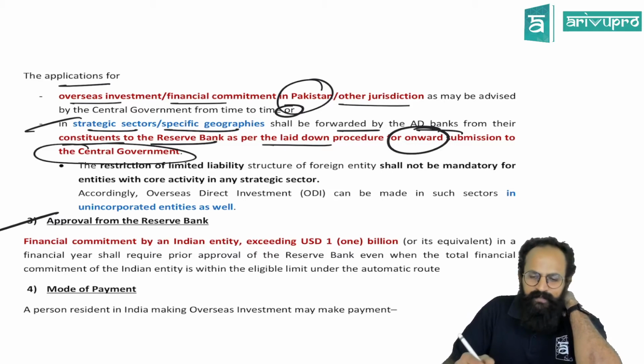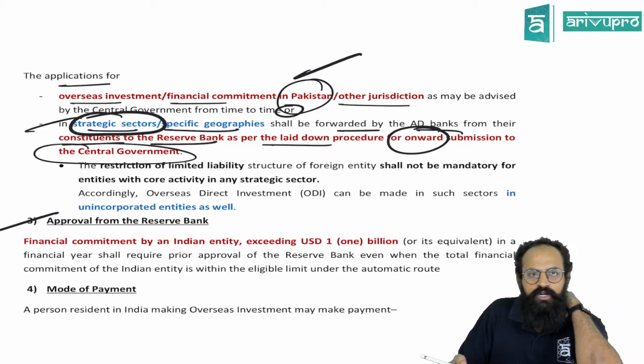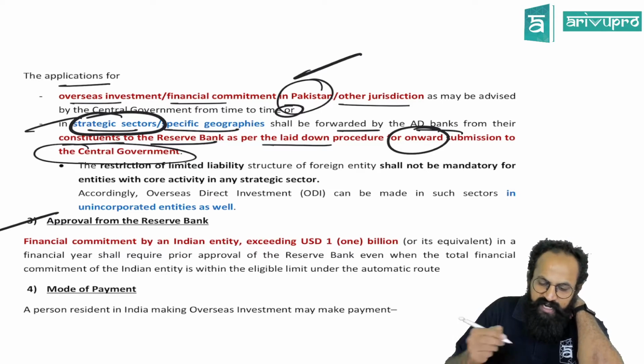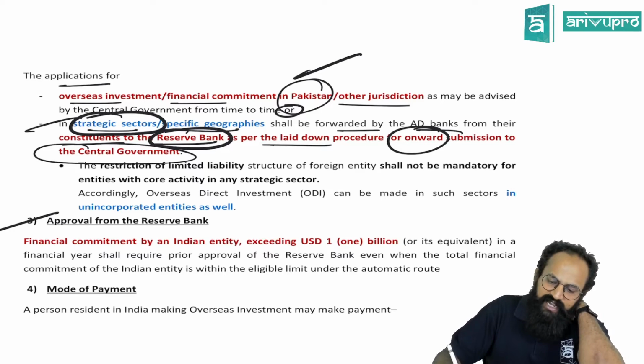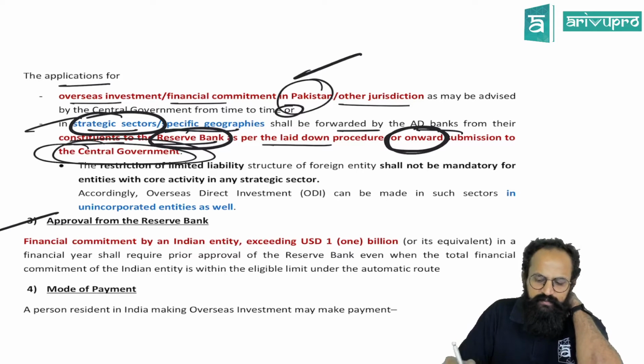So people, in short, for Pakistan and strategic sector, you will first give it to AD bank, AD bank will give it to RBI, RBI will take it for onward submission, meaning they will further give it to central government.